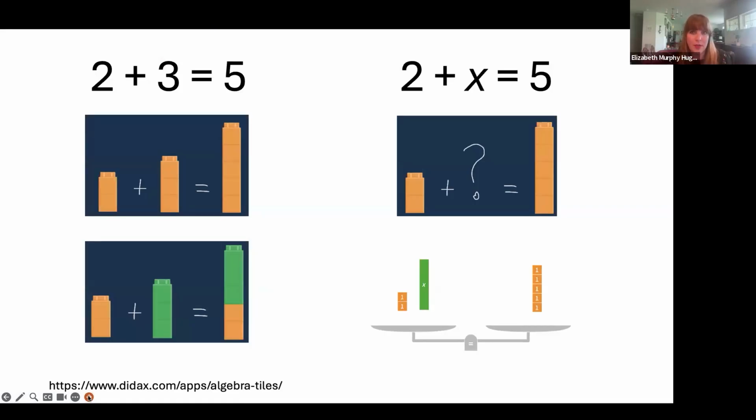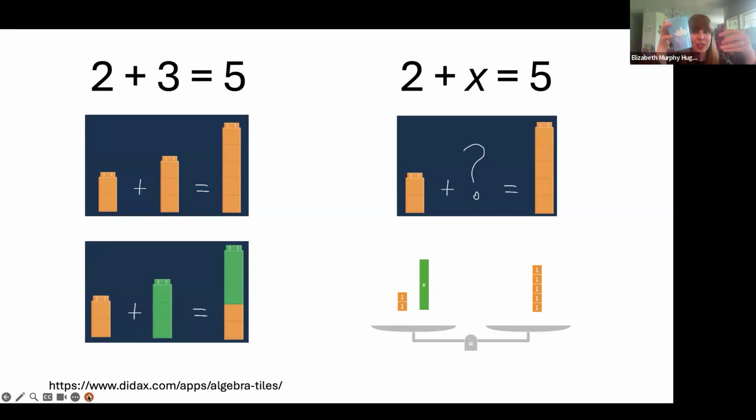Here's another example of how what's happening in elementary school can then scaffold into algebra. And this is similar to an activity I used to do with my kids when they were in preschool. We would use these manipulatives, and I would have a certain number of manipulatives, and then I'd have another set, and I would say this 2 plus something in my cup is the same as 5.